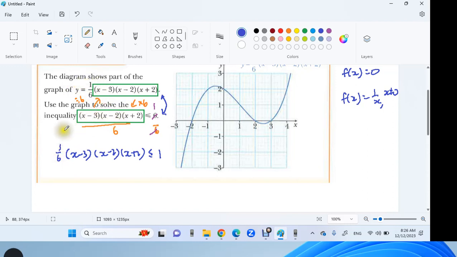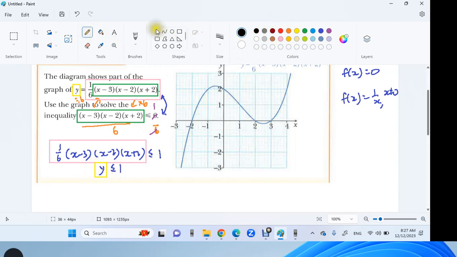So now the 1 over 6 part is exactly the same already, and this is y. So we have y less than or equal to 1.